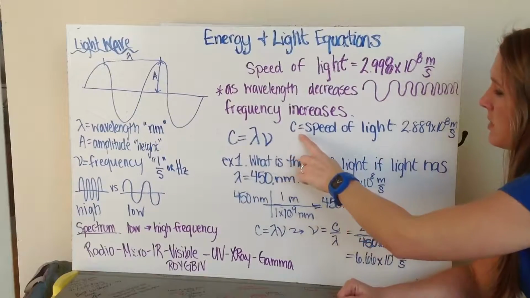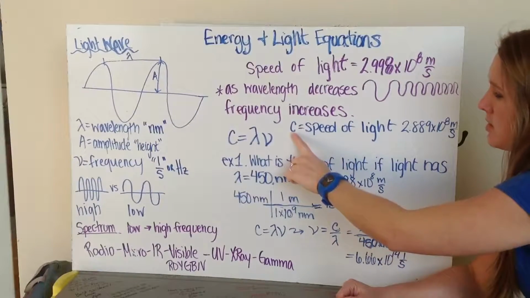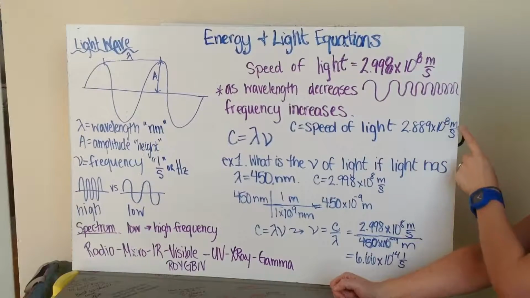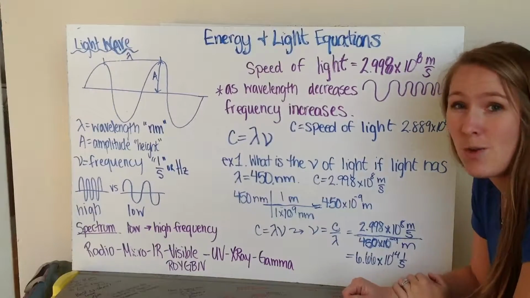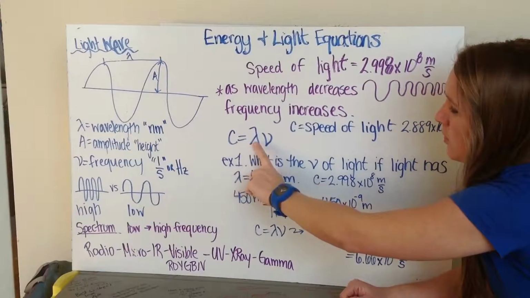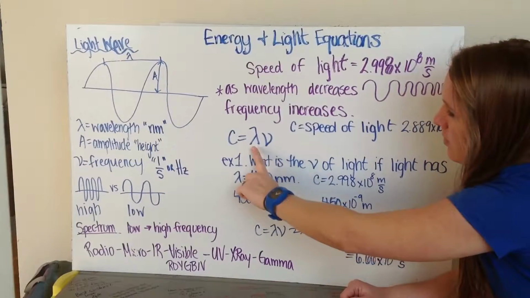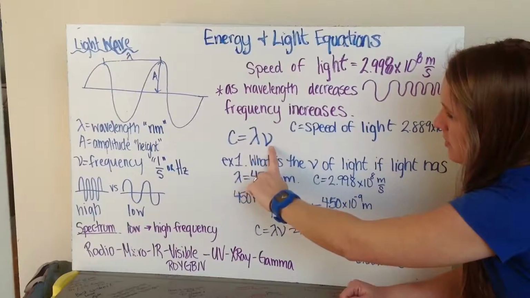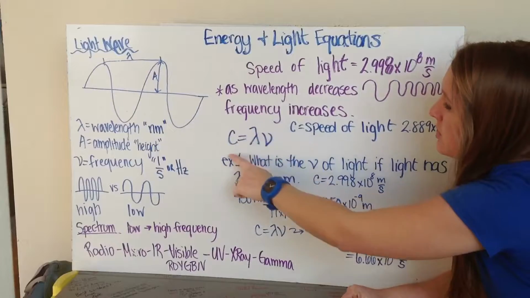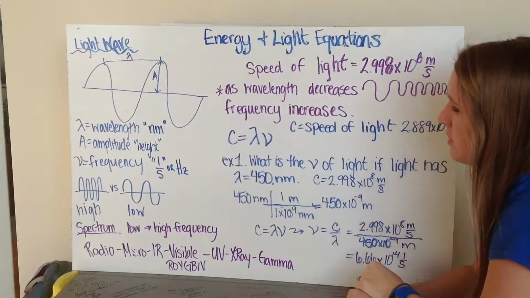We abbreviate the speed of light as the lowercase letter c, again 2.998 times 10 to the 8th meters per second. We can now write an equation for the speed of light. Speed of light is equal to wavelength times frequency, or lambda times nu. Okay? So to do light equations, we just use our equation here for light.